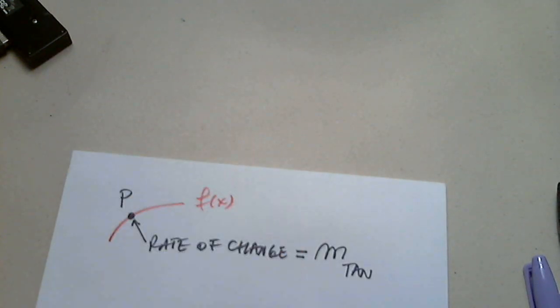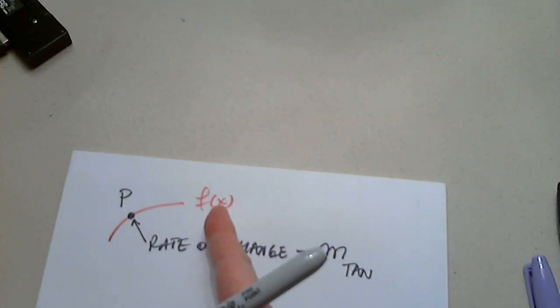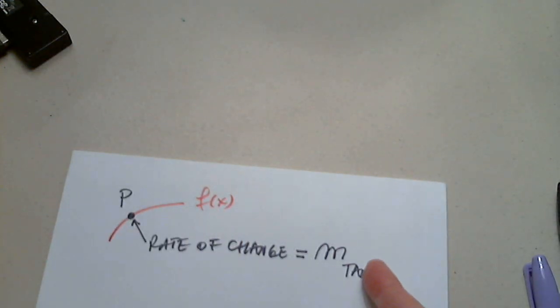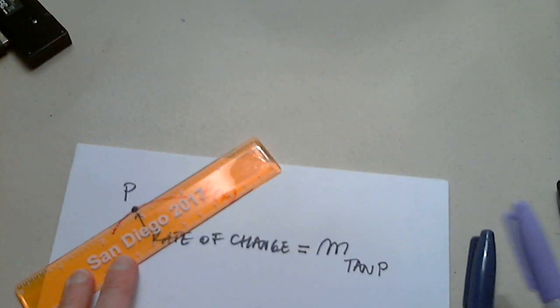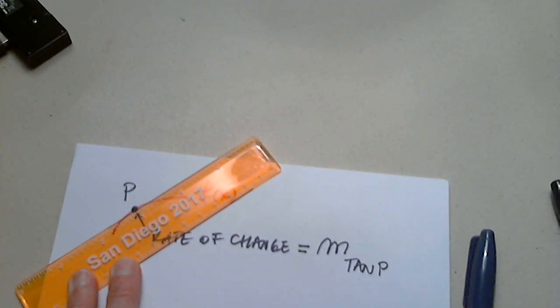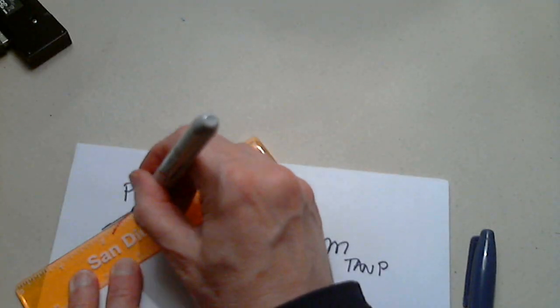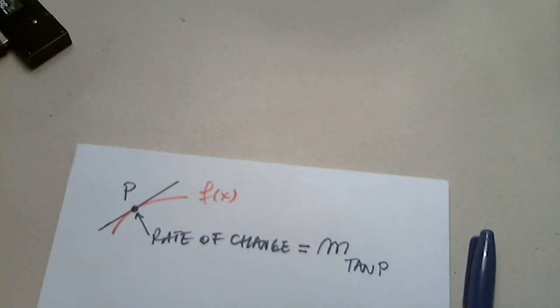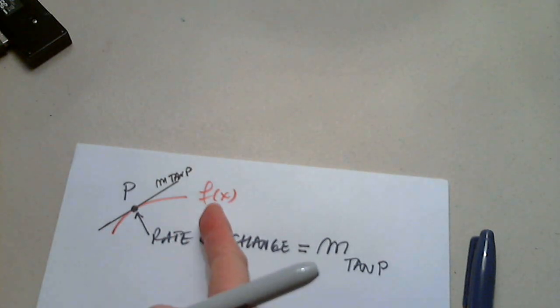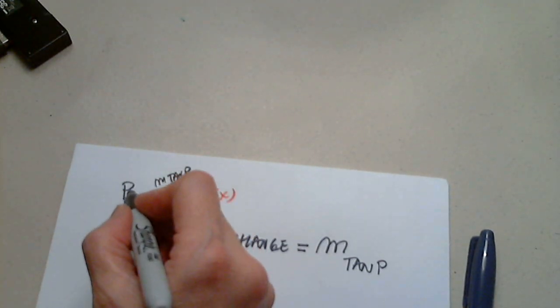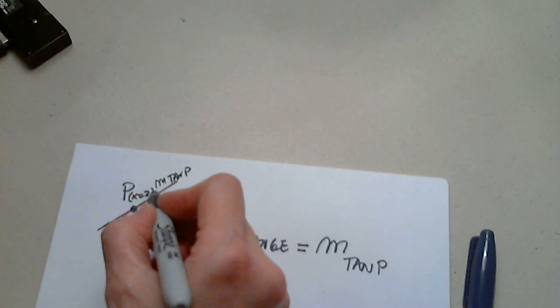I'm going to call it P. So the rate of change of this function at point P is the same as the slope of the tangent line at P. Let's say P is when x is 2.